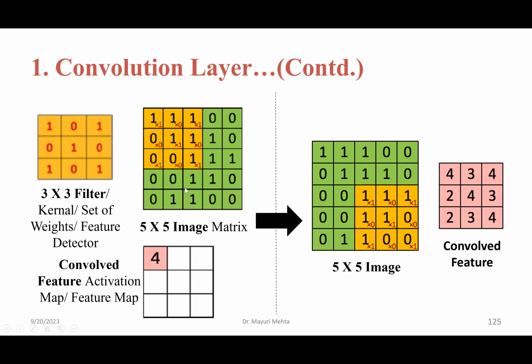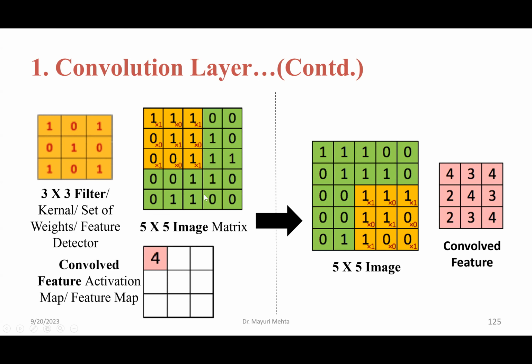If it is a color image, then three such matrices would be there. One matrix to represent the pixel intensity of the red channel, a second matrix for the blue channel, and then one for the green channel.